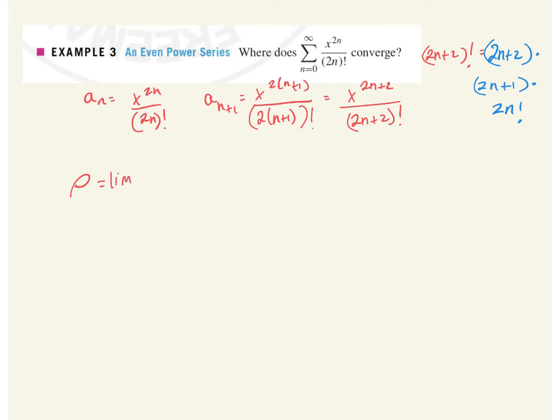I have x to the 2n divided by 2n factorial multiplied by the reciprocal. So 2n plus 2 factorial, which is equivalent to, oh, I'm sorry, I wrote it in the wrong order, didn't I? Let me go back.